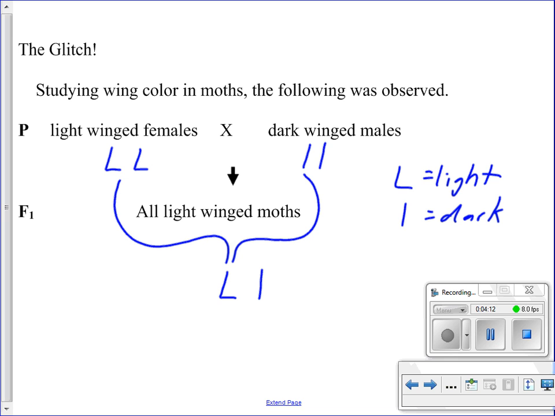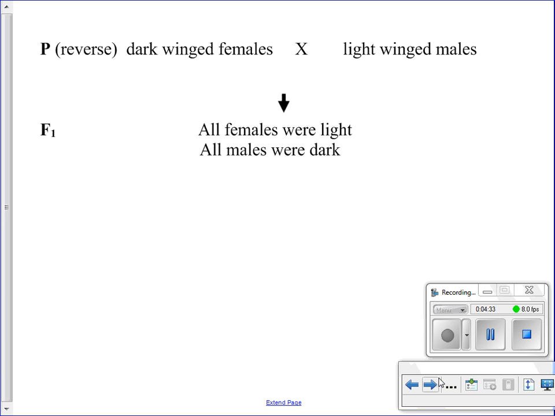Now you might recall that Gregor Mendel did something very similar to this with his garden peas, but then what he also did was the reverse cross. So with the reverse cross, in this example, what we have are females that have light wings, males that have the dark wings. With the reverse cross, we're just flipping that around. So now what we're going to have is the females that have the dark wings.